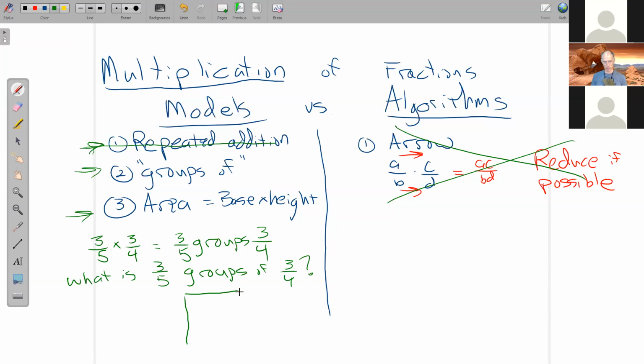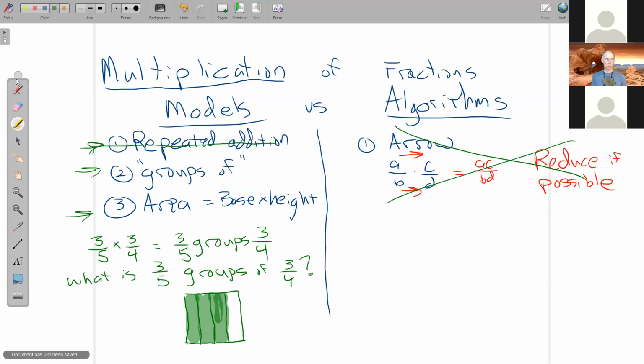All right, so I'm just going to draw my cake and show 3/4. And there's a half, cut those in half, and now I can show 3/4. So there's my 3/4. Okay, now of that 3/4, I only want 3/5 of it.